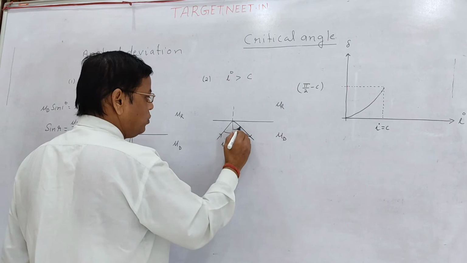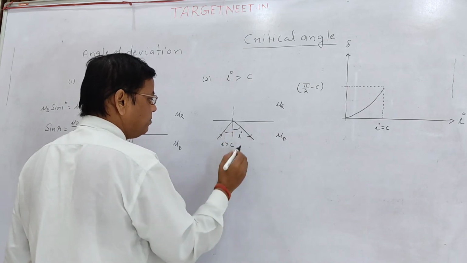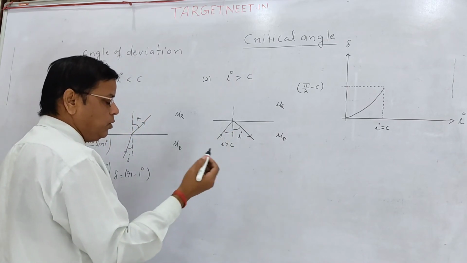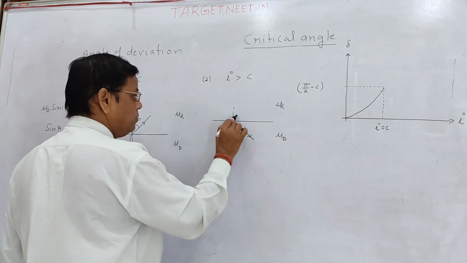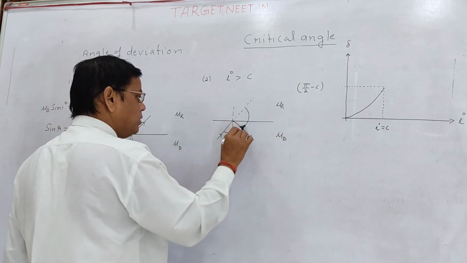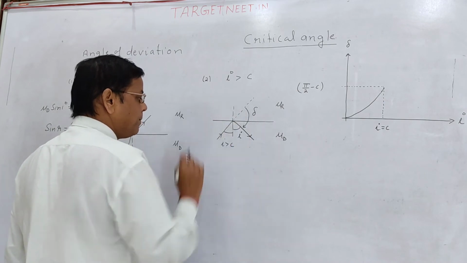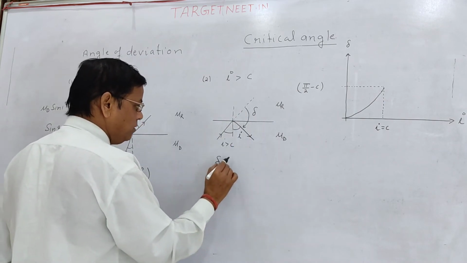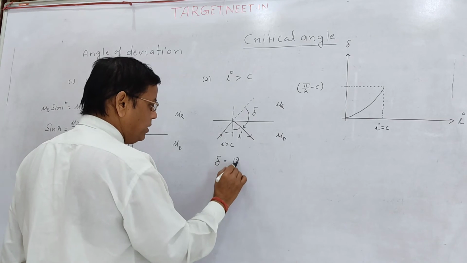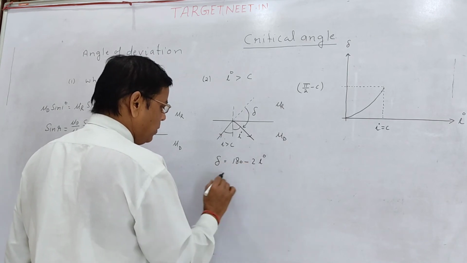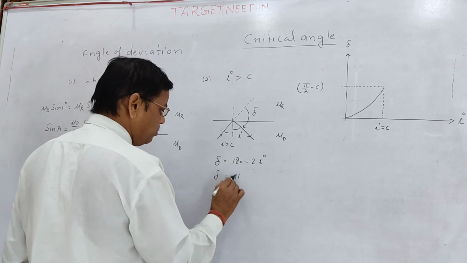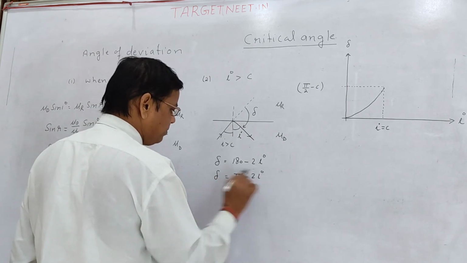So this angle will also equal to i. Sorry, it is equal to i because i is greater than C. So deviation is this much. So in this case deviation is 180 minus 2i, or it is also pi minus 2i.